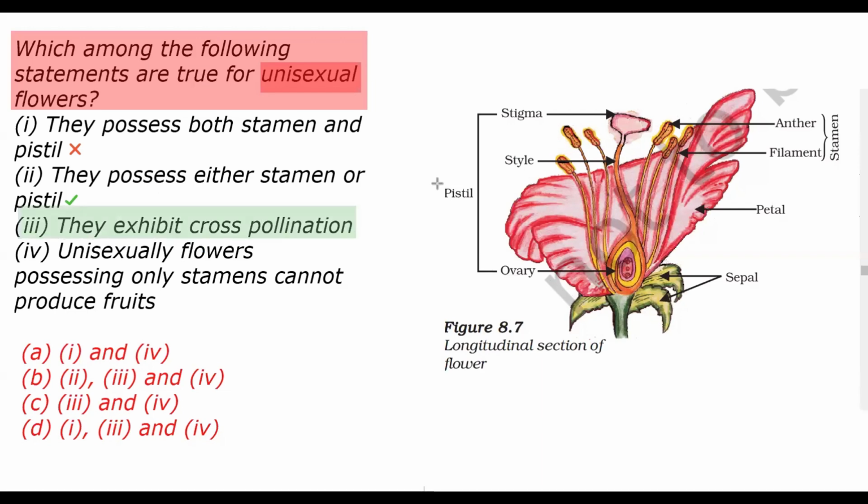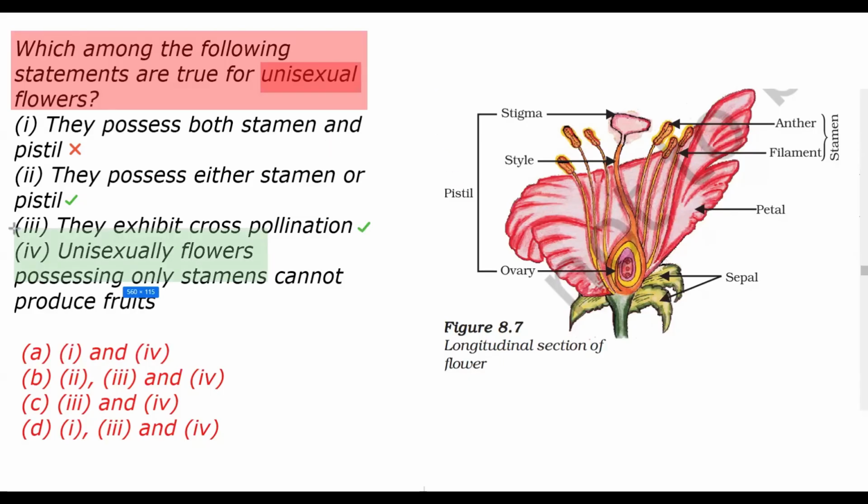Yes, it has to be cross pollination, as you can understand. If they have only an anther but no stigma, how can they do self pollination? Right. So this is a correct statement. First of all, I should mark this as true.